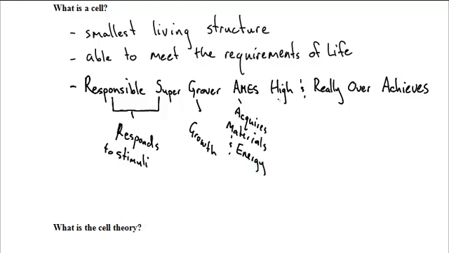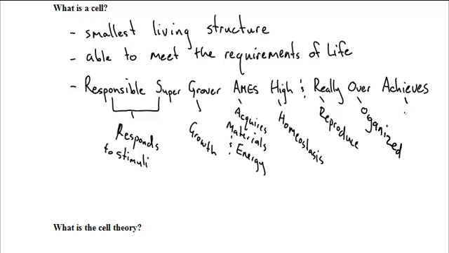High for, yes, our favorite, homeostasis. Really for reproduce. Over for order or organized. And achieves for adapts or evolves over time. And cells meet all these requirements.